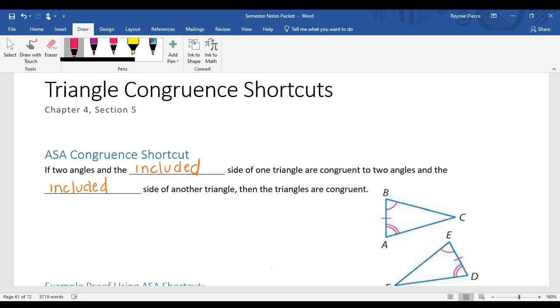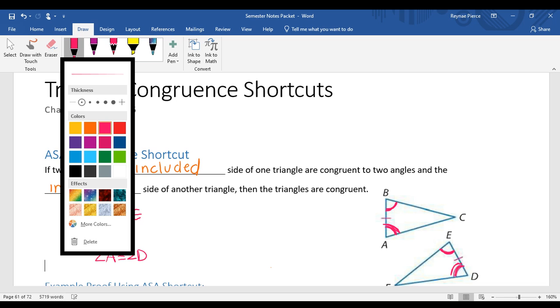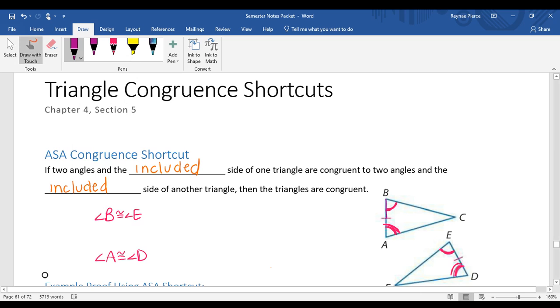Okay, so in this pair of triangles over here, angle B is congruent to angle E. Angle A is congruent to angle D. And then basically the side that connects those two angles, okay, so AB and ED.